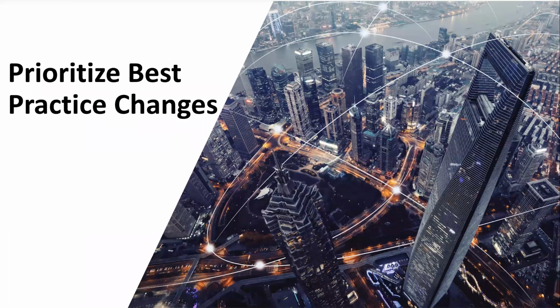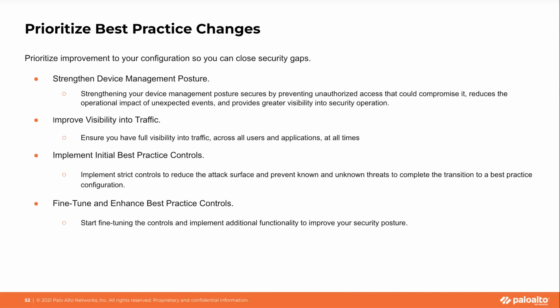Now, let's have a look at how you can prioritize the best practice changes. First of all, strengthen the posture. Strengthening your device management posture secures your environment and security operations by preventing unauthorized access that could compromise them.